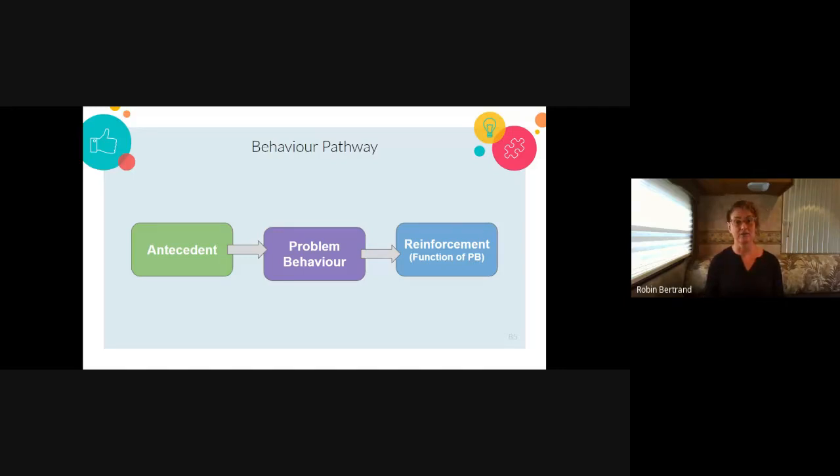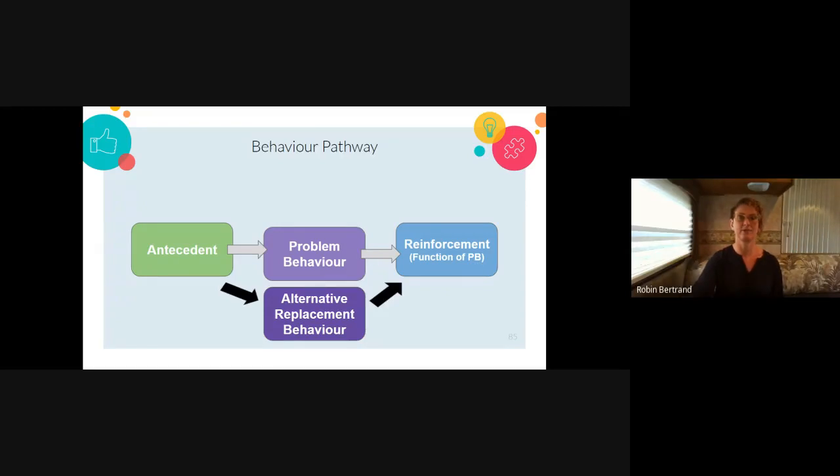Within the intervention plan for reducing the problem behavior, we will set up purposefully conditions that are known to trigger problem behavior. But before the person has an opportunity to use a problem behavior, we will help them to perform an alternate response instead and ensure that that alternate response leads immediately to that same reinforcement.